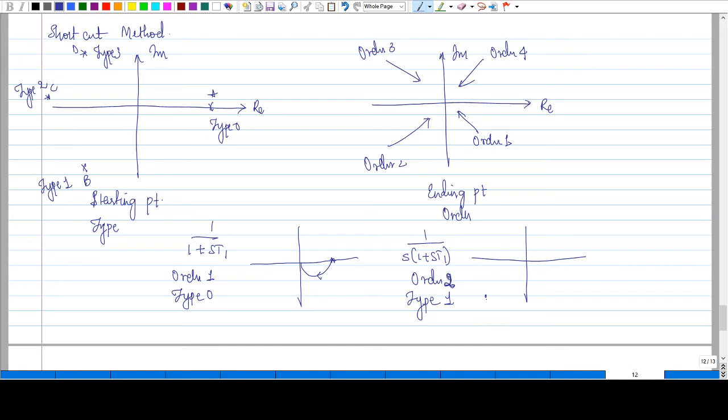A type 1 system will start from here, and order 2 will terminate somewhere here. You can see it is terminating like this. So this is the plot for an order 2 type 1 system.